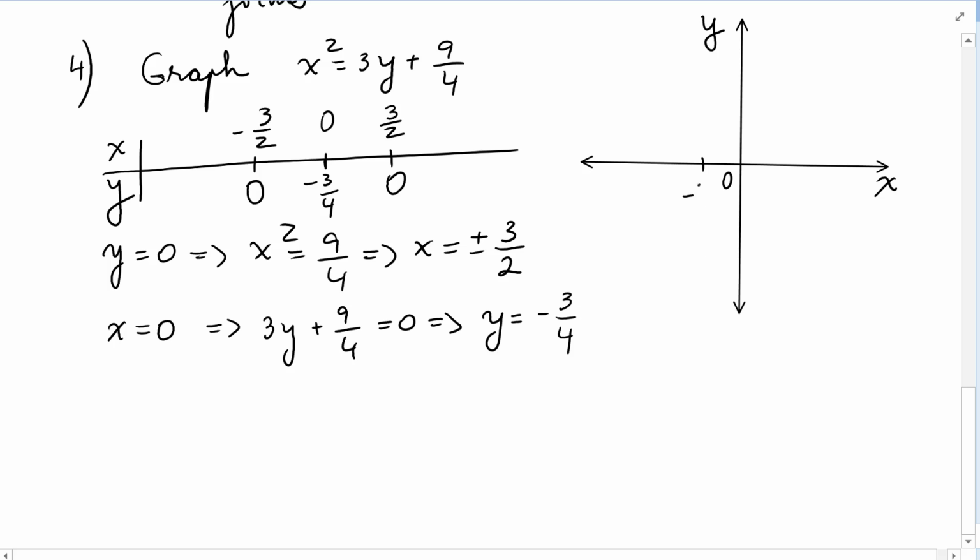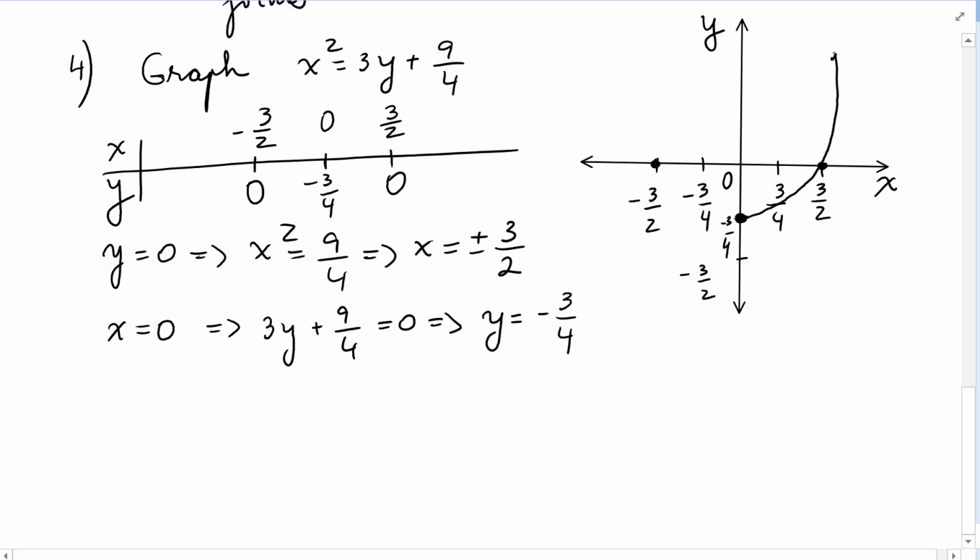Let's say this is negative 3 over 4, and this would be negative 3 over 2, and this would be 3 over 4, and this would be 3 over 2. So 0, negative 3 over 4, that's the vertex, and these are the symmetrical points.